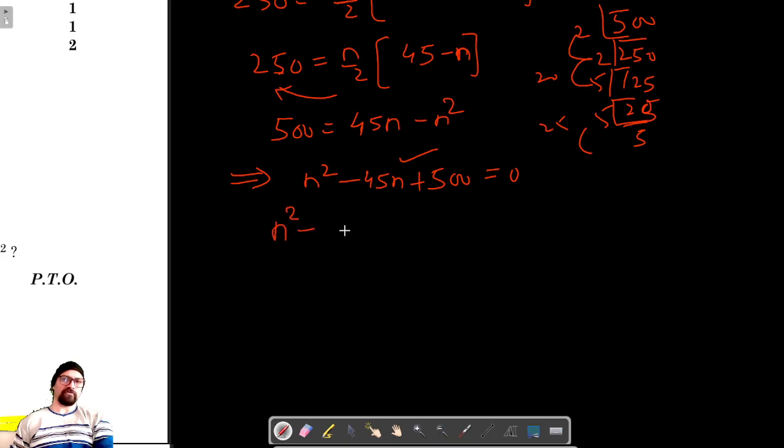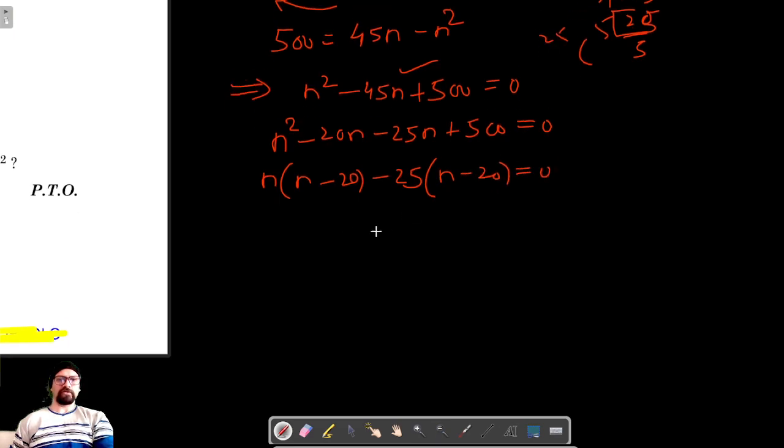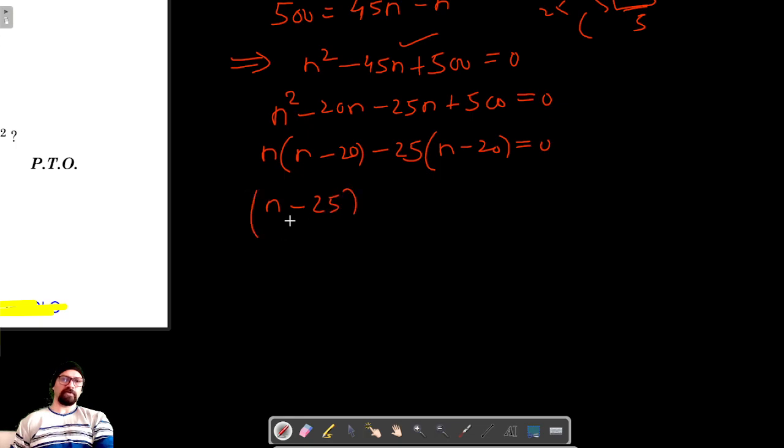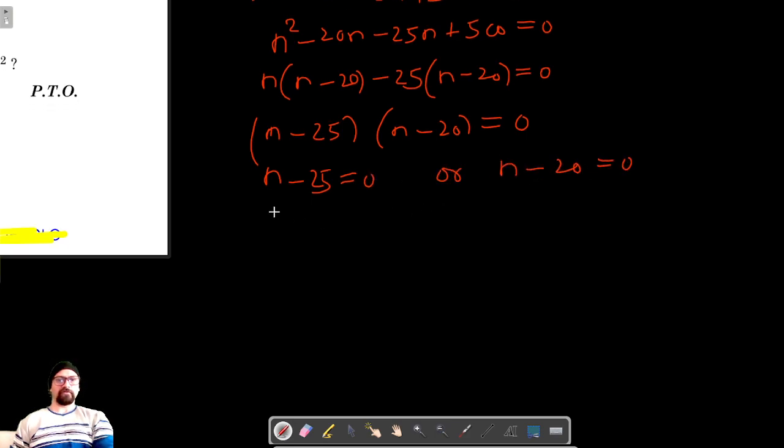So n square minus 20n minus 25n plus 500 is equal to 0. Taking n common and 25 common, we get (n minus 25) into (n minus 20) is equal to 0. So n is equal to 25 or n is equal to 20.